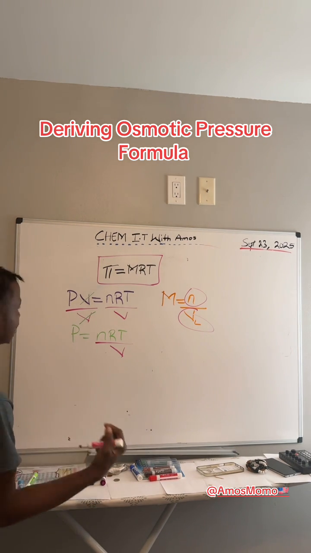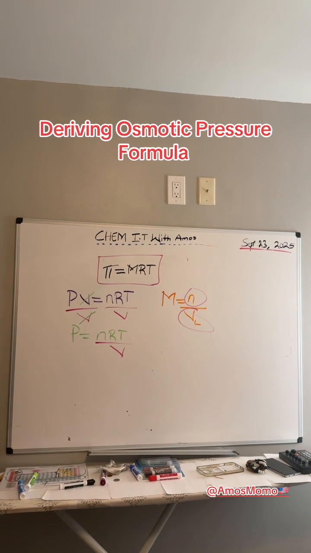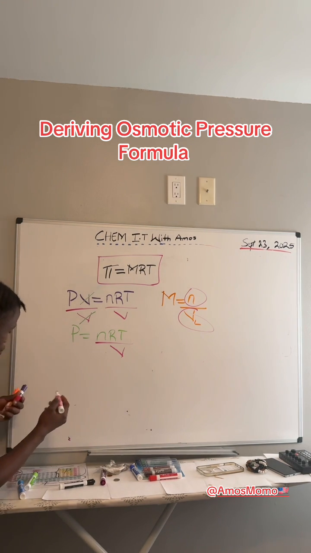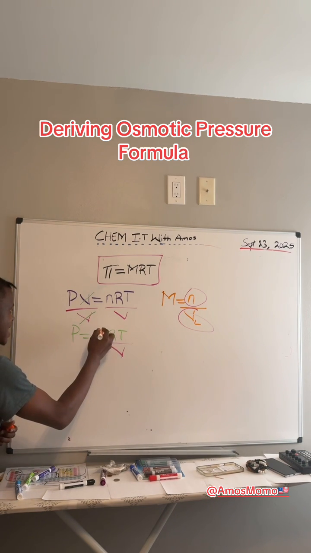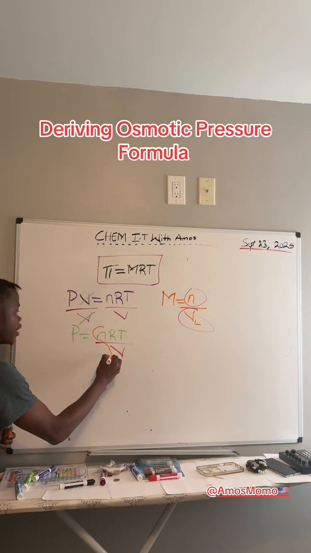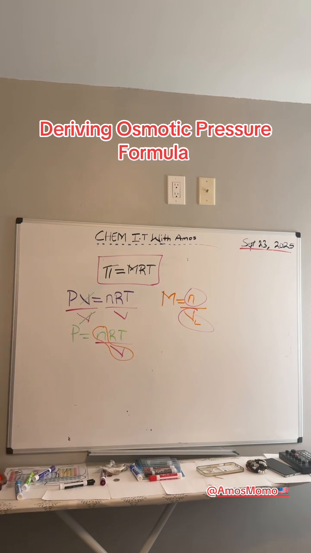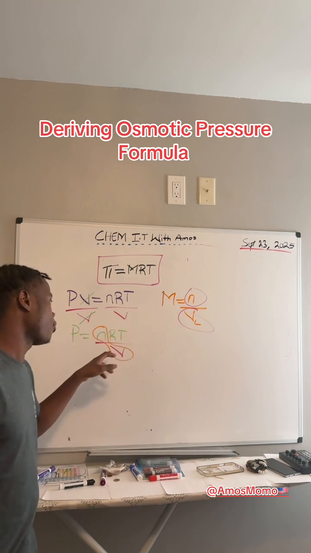Molarity, not molality, not normality. So anywhere we see n expressed over V, we should place capital M there, because if you want to condense them, you can just put this M right here.